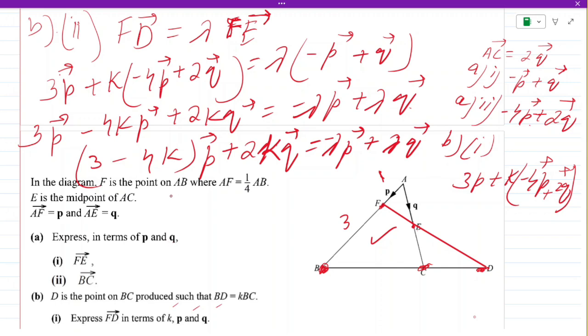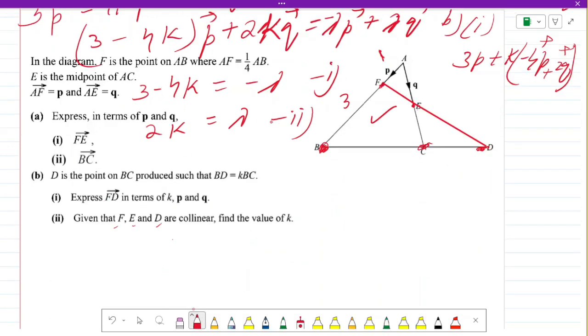Now we just equate the coefficients of P and Q. The coefficients of P are 3 minus 4K on the left side, and on the right side is minus lambda, and this is equation 1. The coefficient of Q is 2K on the left side equal to lambda on the right side, equation 2.